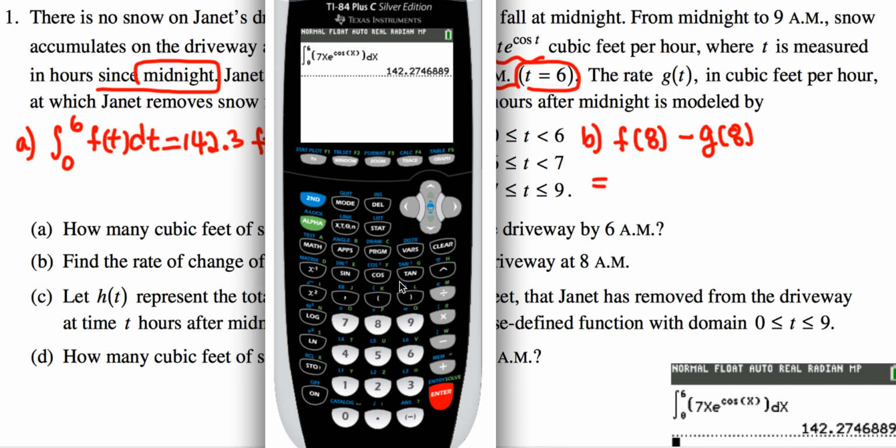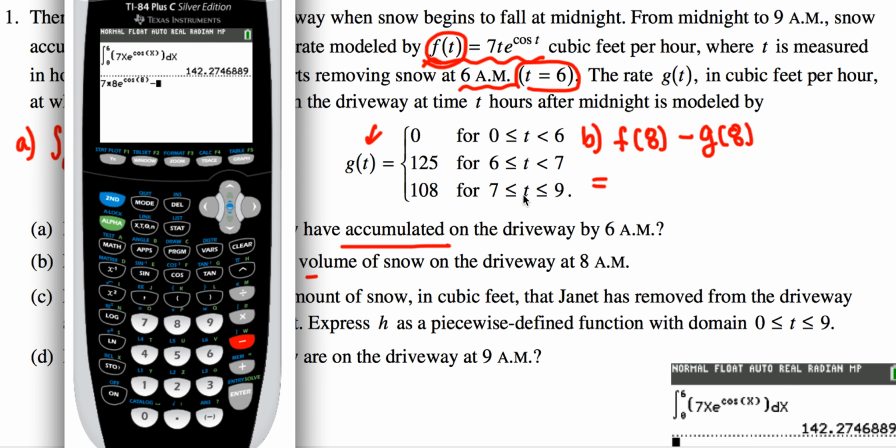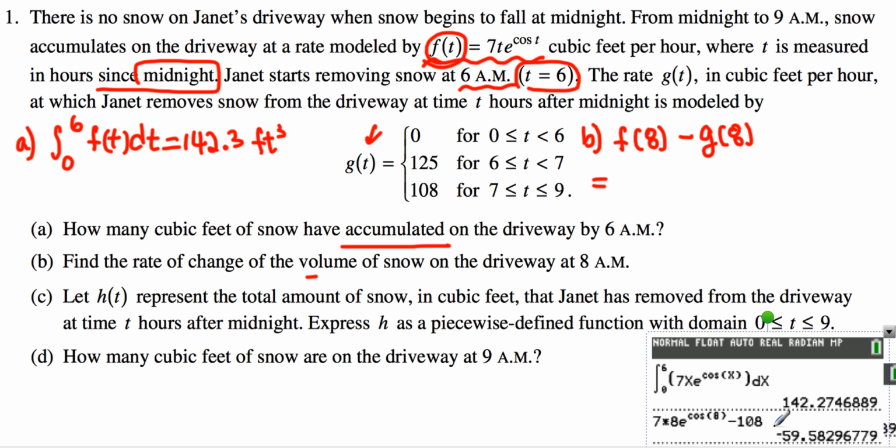Here, then we end up getting 7 times 8 times e to the cosine of 8. And then minus. But what is g of 8? 8 belongs right here on the bottom, so I just have to subtract 108. Then it seems like negative 59.58.